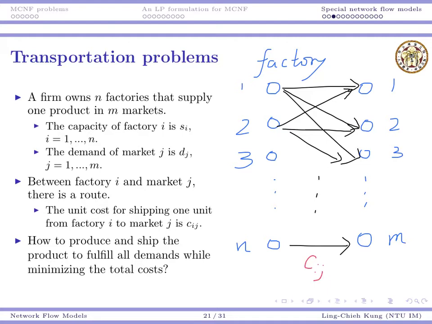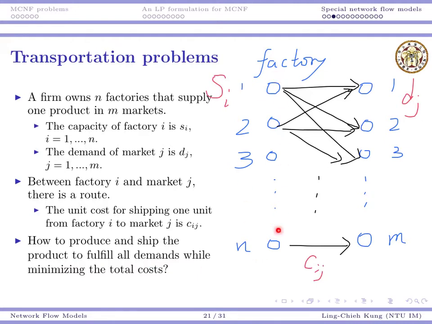Because we are sending something on a network. Some parameters include Si, Dj, and Cij. So the problem is how to produce and ship products to fulfill all the demands while minimizing the total cost. Okay, that's the issue.